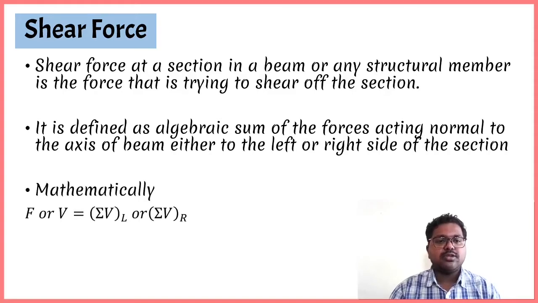Mathematically, we show it as F or V, which is equal to sigma V left hand side or sigma V right hand side. So when we are calculating the shear force, we need to take either from left hand side or right hand side the sum of forces which are acting on the member or cross section.